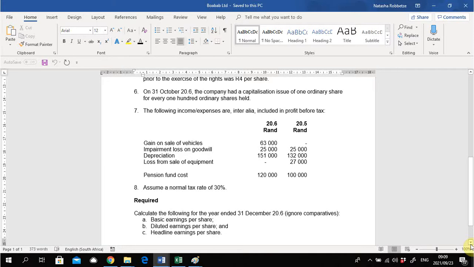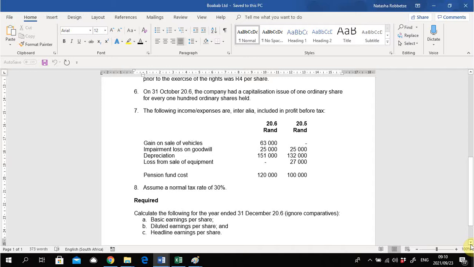You will recall that in terms of headline earnings, there are certain items that are included and certain items that are excluded. So the gain on sale of vehicles is definitely excluded, so we have to deduct it. Then the impairment loss on goodwill is definitely excluded, so it needs to be added back. Depreciation is included, so nothing needs to be done with that item.